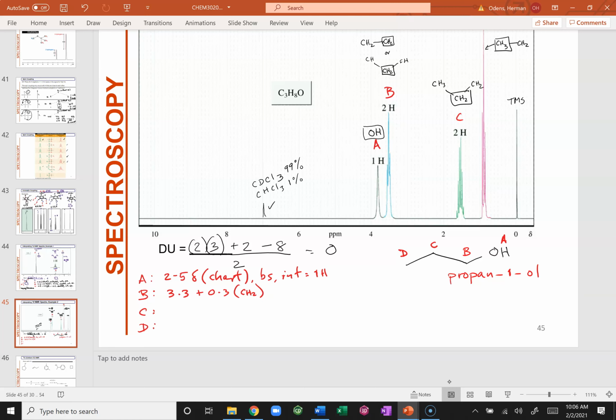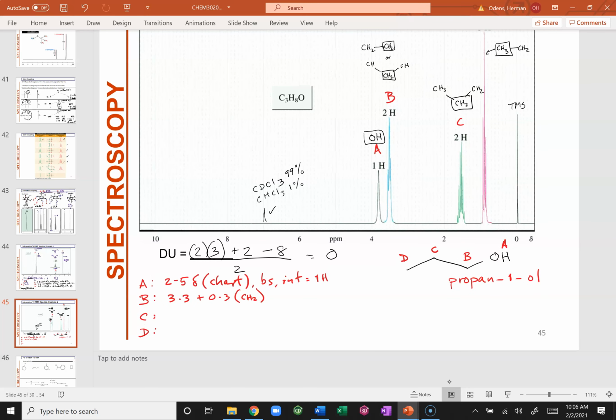That's because it's a CH2. I think that's all we can do for that one, right? There's no beta groups. So this is equal to 3.6 ppm. It's a triplet that integrates to 2 hydrogens.